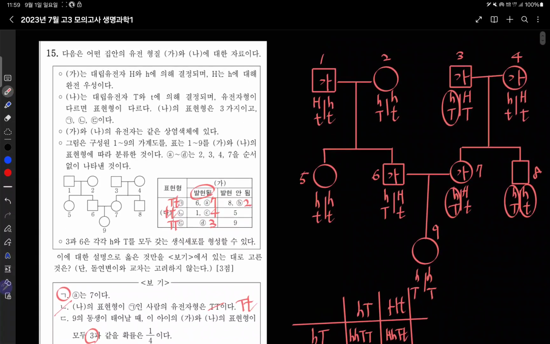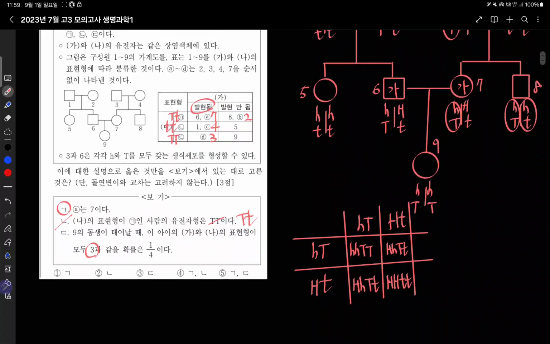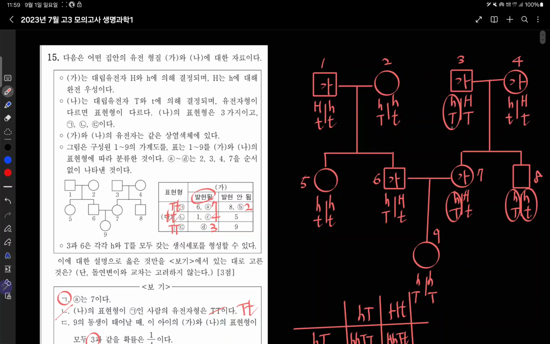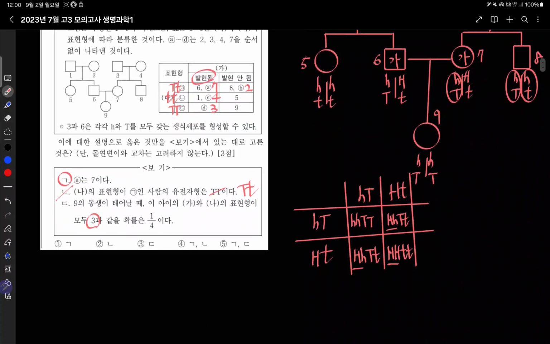Individual number 3 has the first trait. But individual number 3 is homozygous for the second trait with 2 capital T allele.